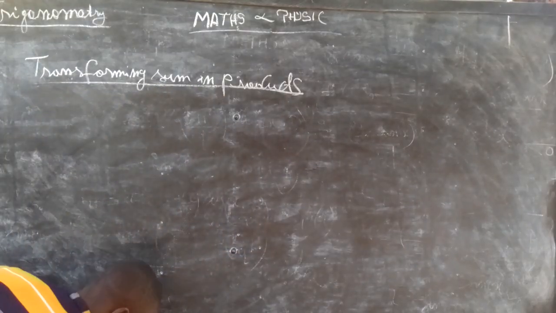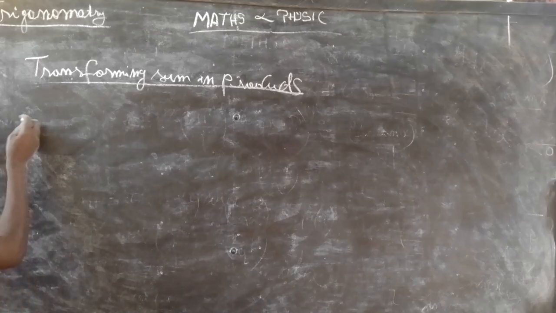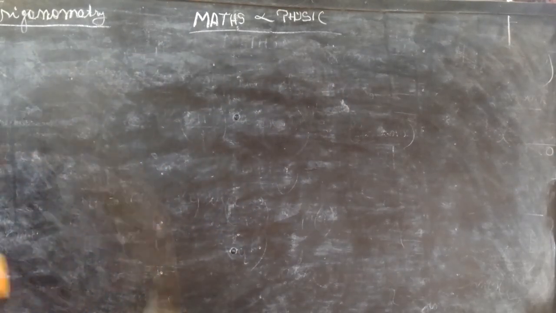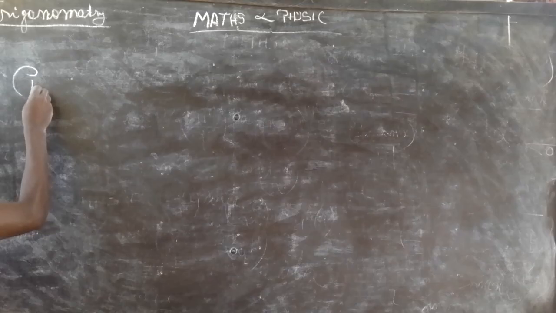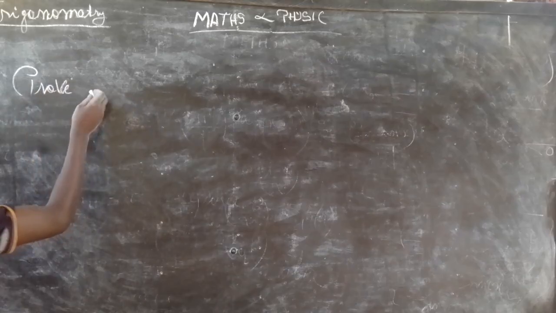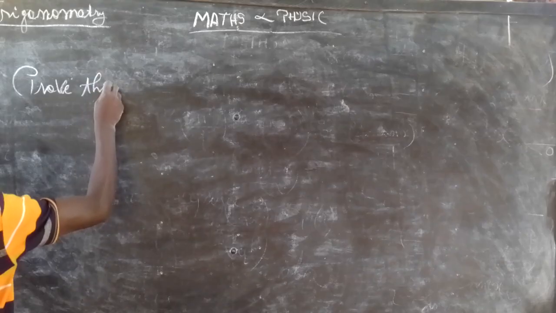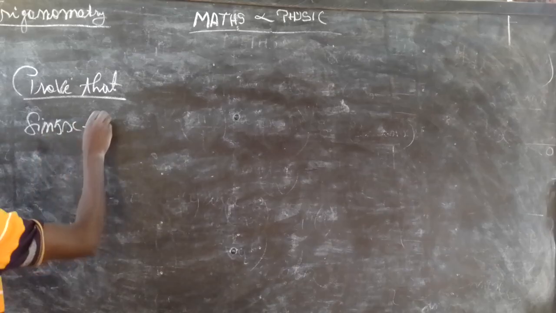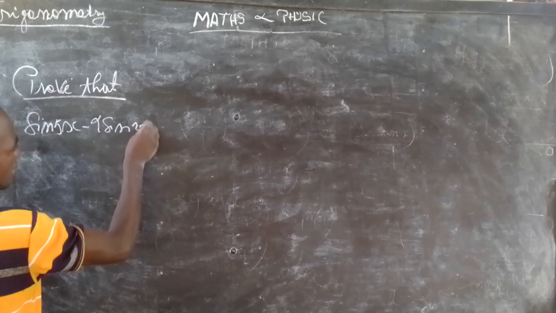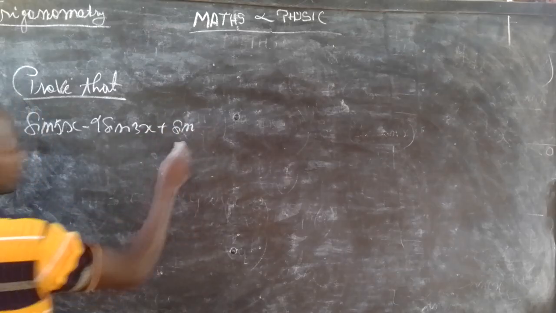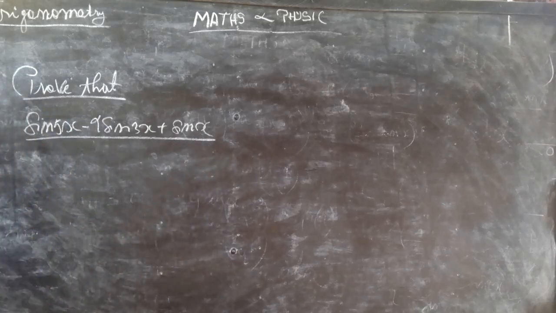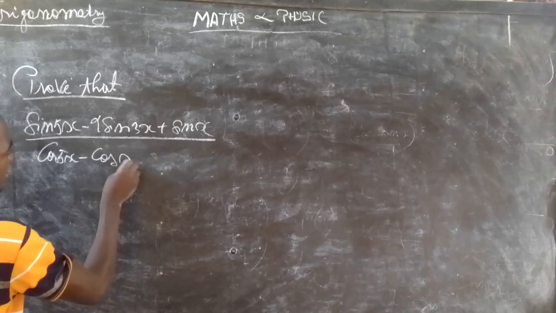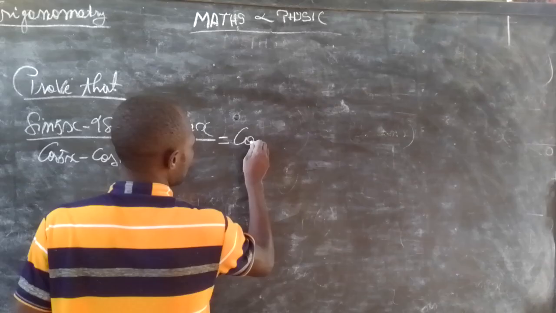Before we close our class, here we have: prove that (sine 5x minus 2 sine 3x plus sine x) over (cosine 5x minus cosine x) is equal to cot x.